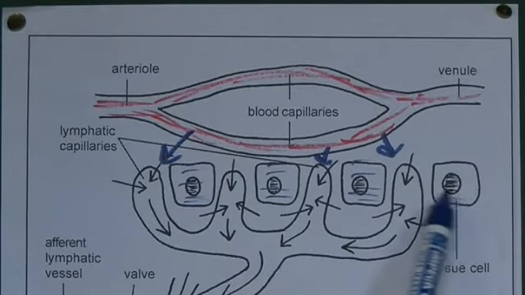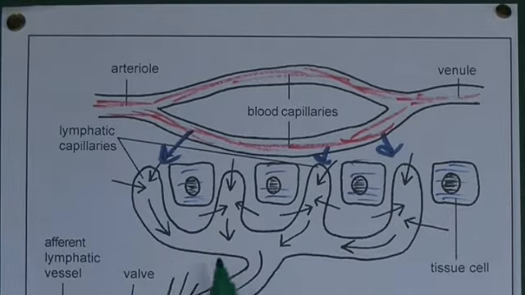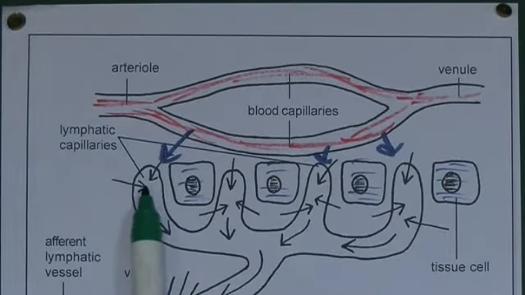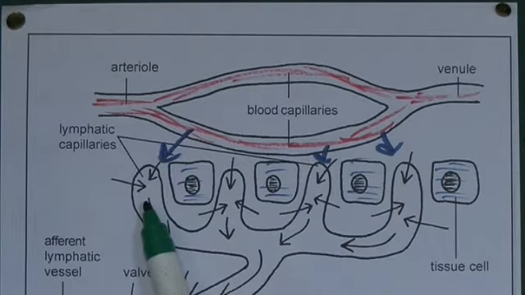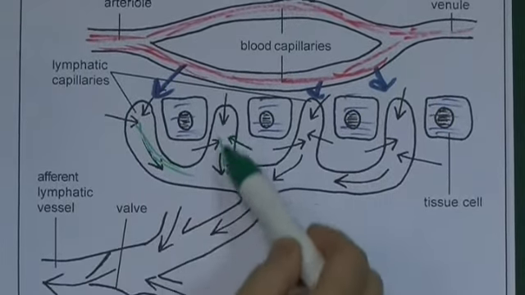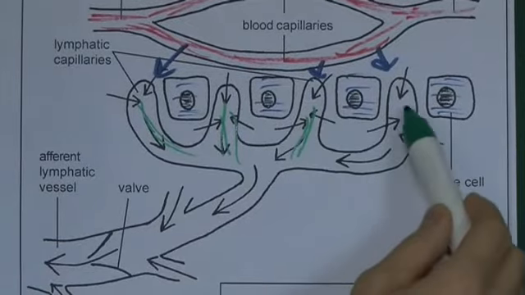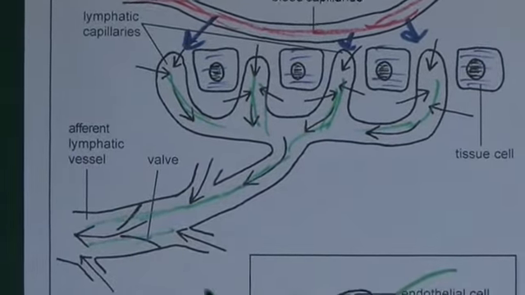The lymphatic capillaries, as we see, are in between the cells in the interstitial spaces. Once the material has gone from the interstitial space into the lumen of the lymphatic capillary, then the fluid changes its name to lymph, and this is going to drain away in these lymphatic capillaries, and it will drain into progressively larger lymphatic vessels.